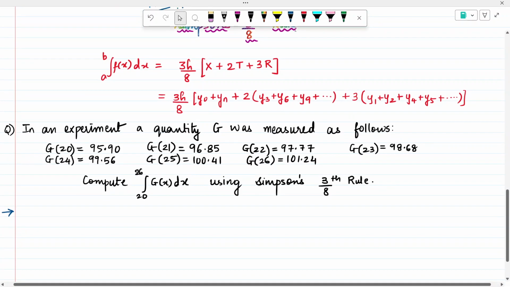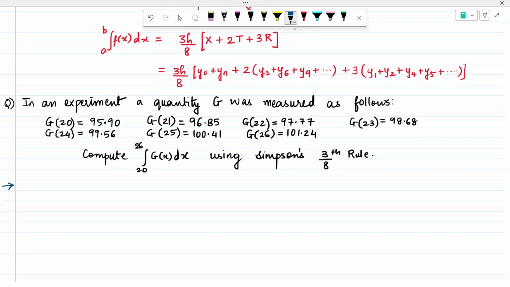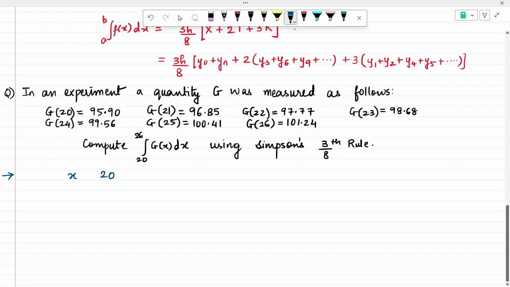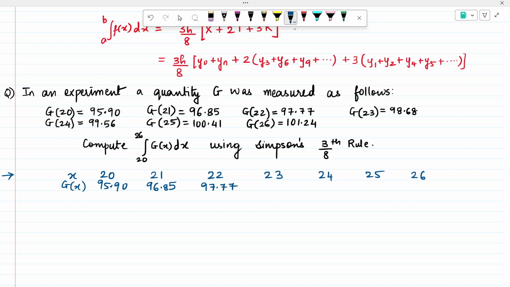So let's put the data in the tabular format. The data is not given in tabular format, so let's put it in tabular format. The values of x are 20, 21, 22, 23, 24, 25 and 26. g of x: 95.90, 96.85, 97.77, 98.68, 99.56, 100.41 and lastly 101.24.